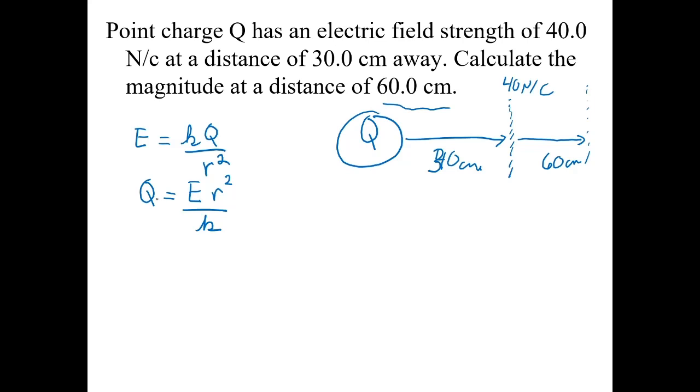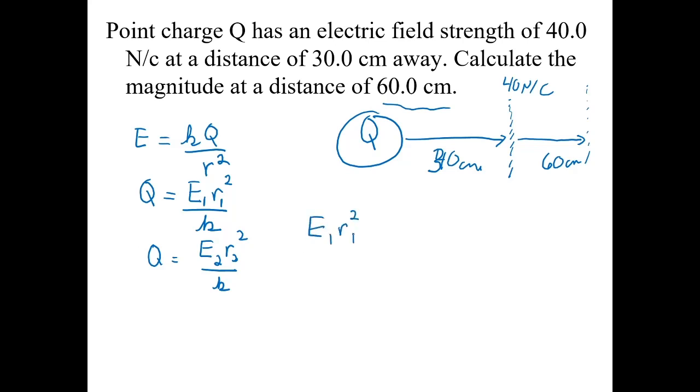Now, the q doesn't change. Let's call this E1 and R1. So even when it's further away, now the electric field is going to be less, but q does not change. So what we can do there is set them equal to each other.